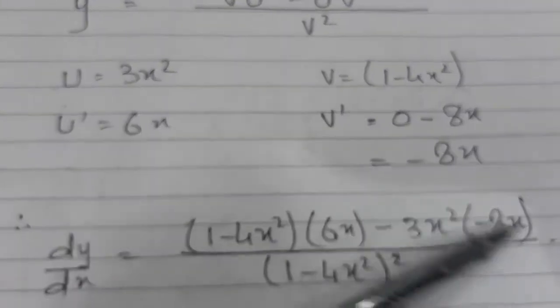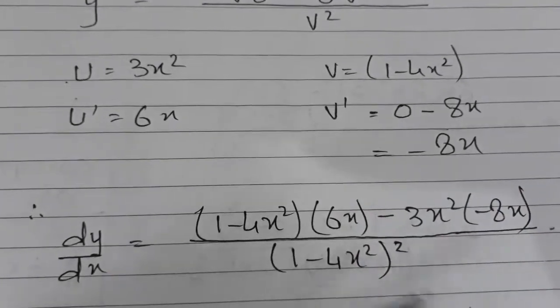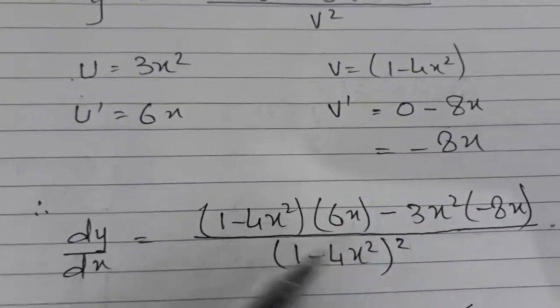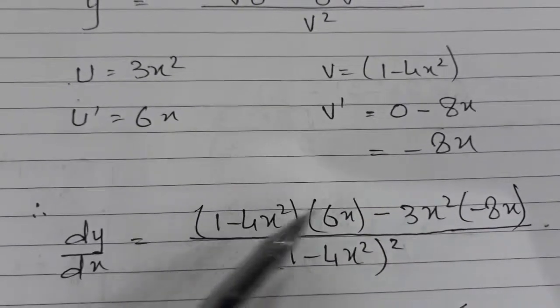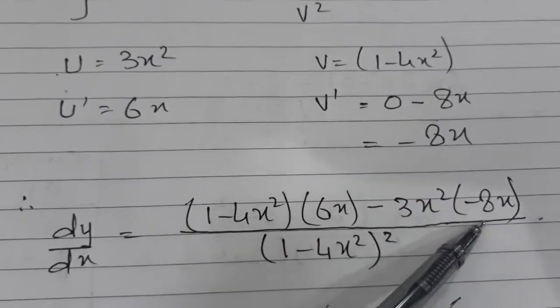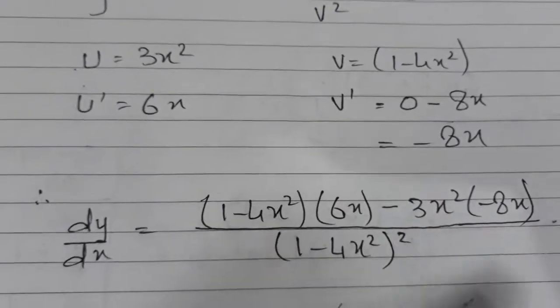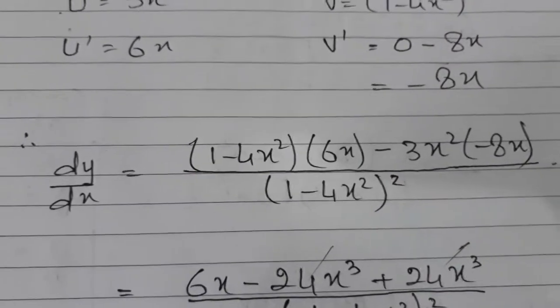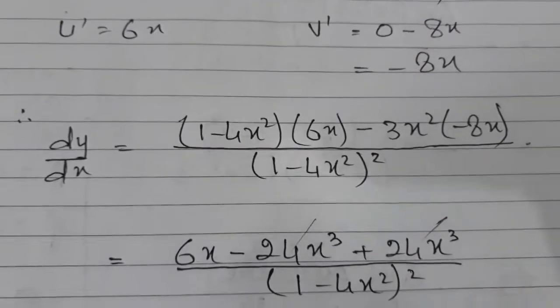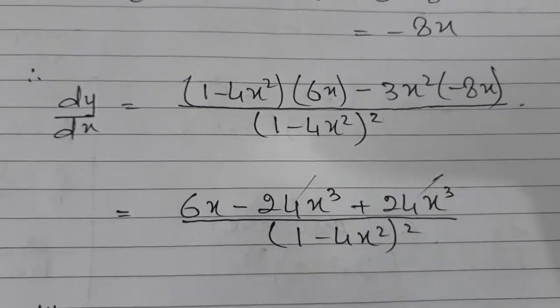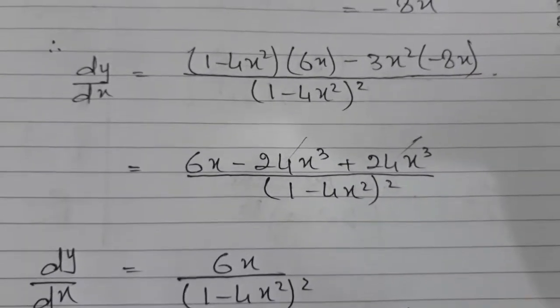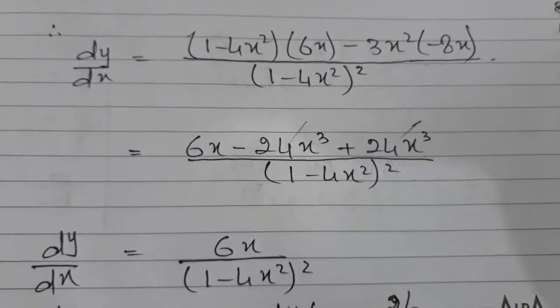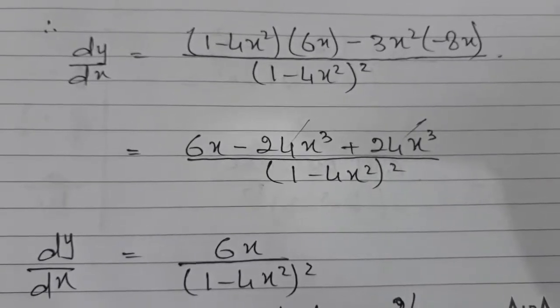So I have substituted the values here. This was my v, so it is v square, v u prime minus u v prime. So I will simply open the numerator now, or expand the brackets, and this is what I will get. Okay, so this is my gradient function, right?